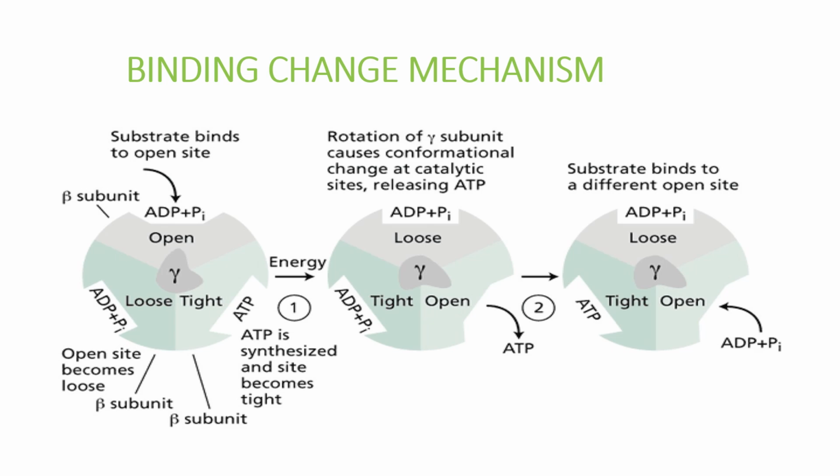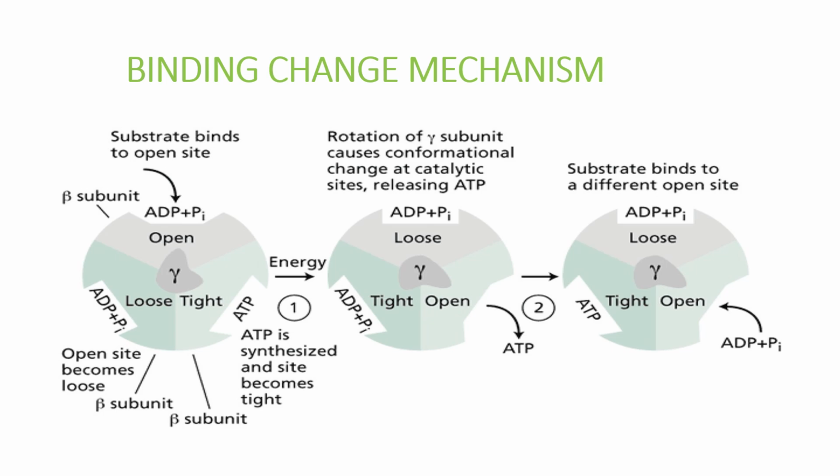In the open or loose configuration they bind to ADP plus Pi, and when it is rotated, it usually rotates 120 degrees and 120 degrees, so a complete rotation is 360 degrees.